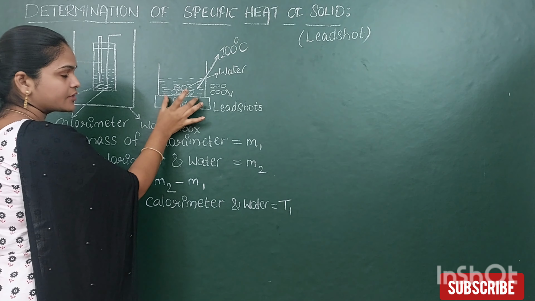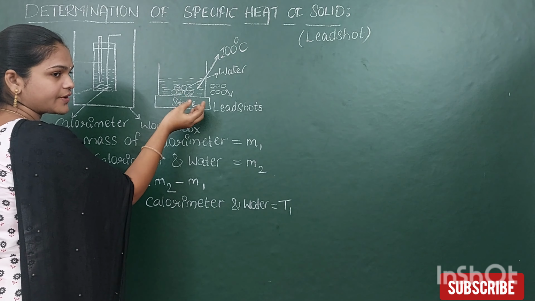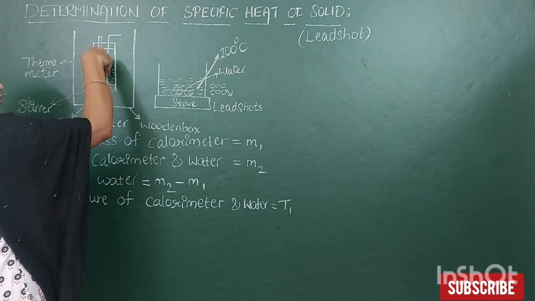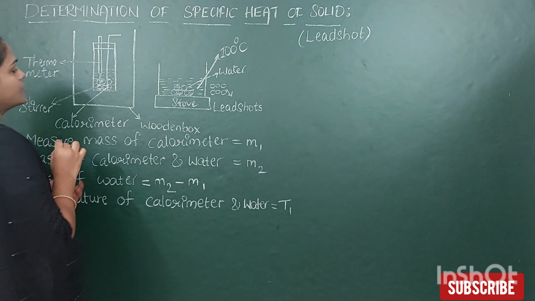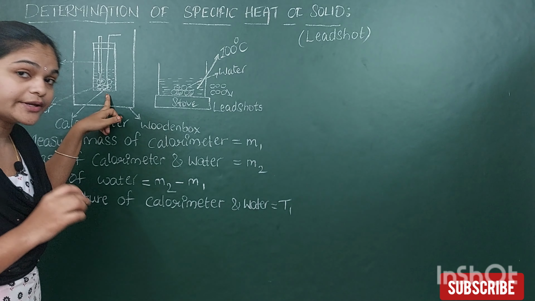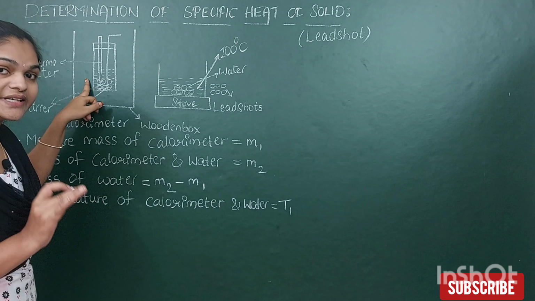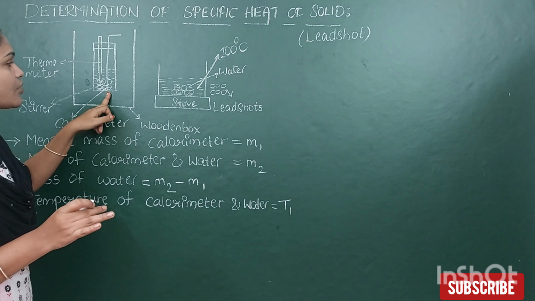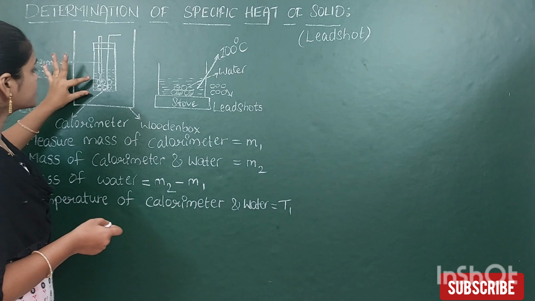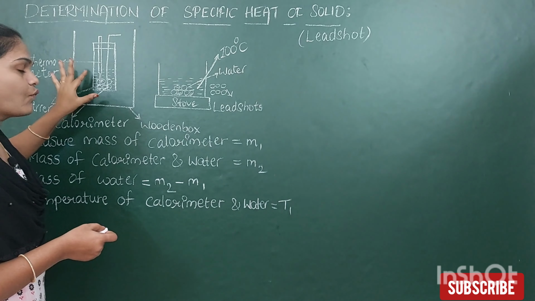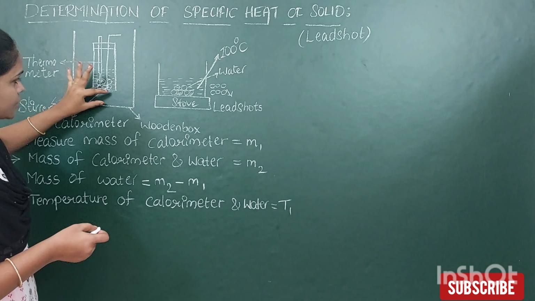After the lead shots gain 100 degrees Celsius, you take them from the beaker and put them into this calorimeter. So when you keep the lead shots in this calorimeter, what happens? Here the water is at room temperature, but the lead shots have a higher temperature. When these hot lead shots are placed in the water, the heat energy present in the lead shots is transferred to the water.